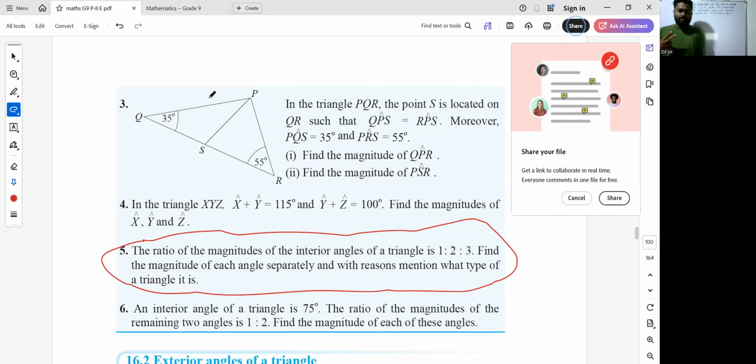There are two methods of getting the answers. We can go with the algebraic method, or if you want, you can go with the ratio method. Using one of the methods, find the answers.